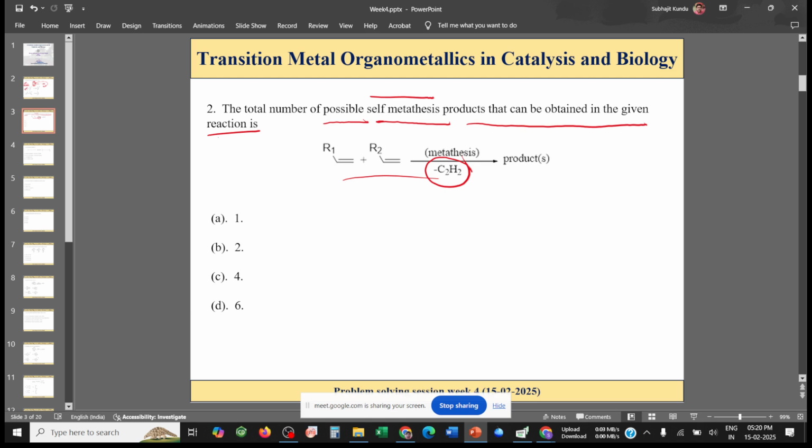So in the self metathesis reaction, it means that the metathesis reaction is happening. If you react R1 and if you react R1, the formation of this will be one product, that is R1, this will be one product because of the self metathesis reaction, and from the R2 it will be R2.